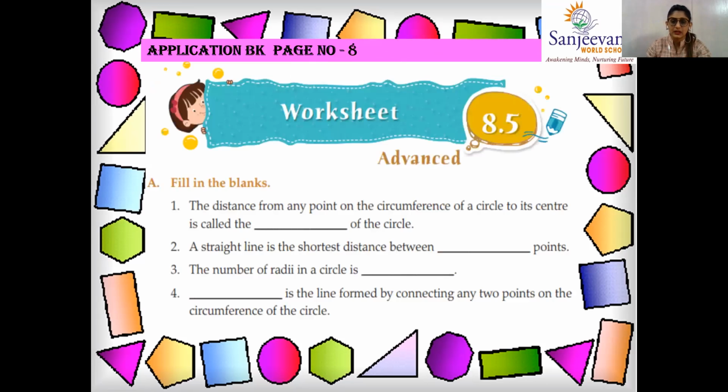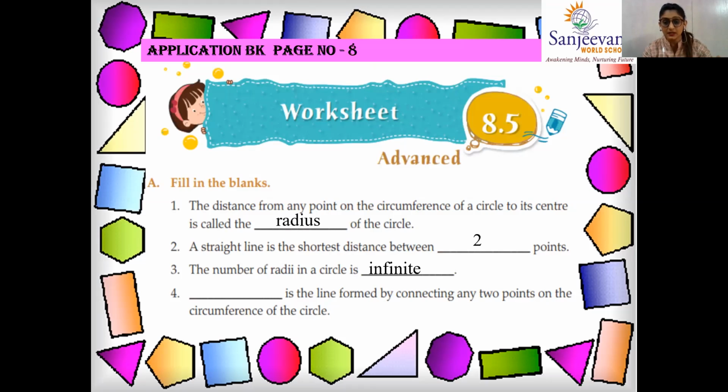Now, worksheet 8.5. First, fill in the blank. The distance from any point on the circumference of a circle to its center is called the radius of the circle. Second, fill in the blank. A straight line is the shortest distance between dash points. 2 points. The number of radii in a circle is infinite.